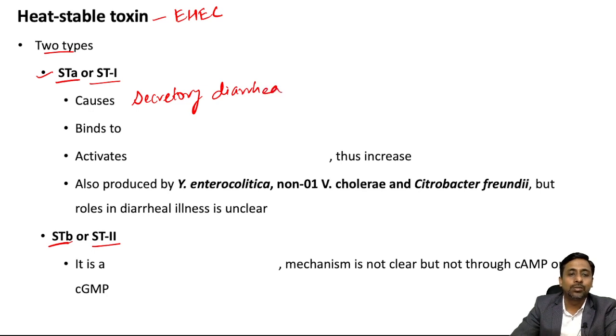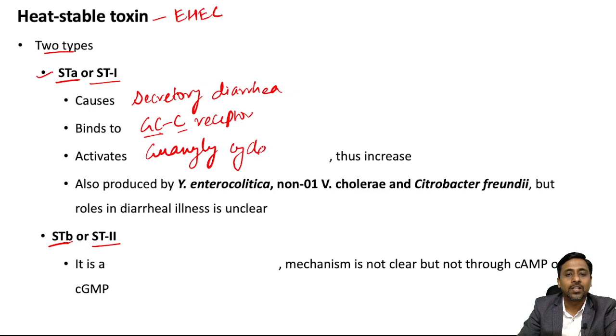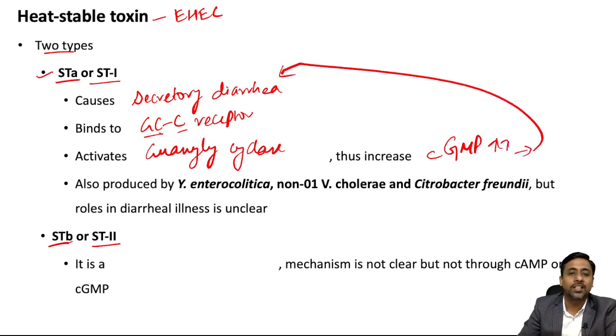It will bind to the GCC receptor, and what is that GCC receptor? It is the guanylyl cyclase C receptor. By binding to this GCC receptor, it will obviously activate the guanylyl cyclase enzyme and thus increase cyclic GMP. Increased cyclic GMP leads to outpouring of fluid and thus secretory diarrhea.